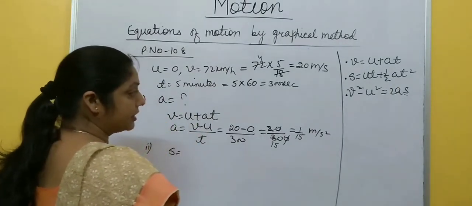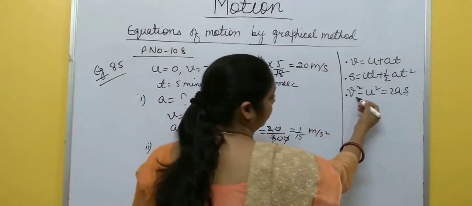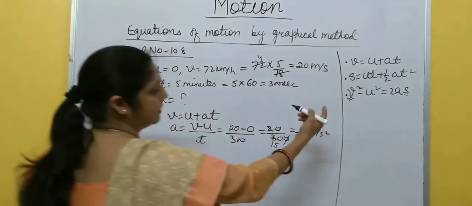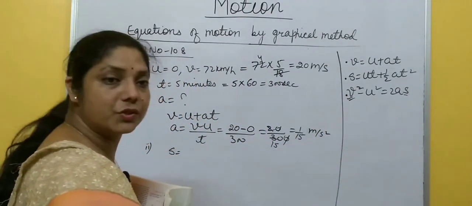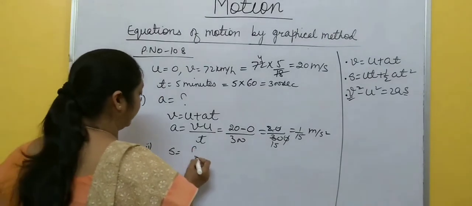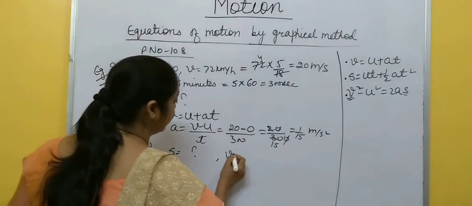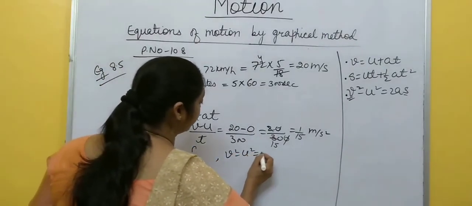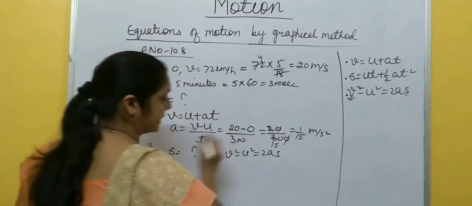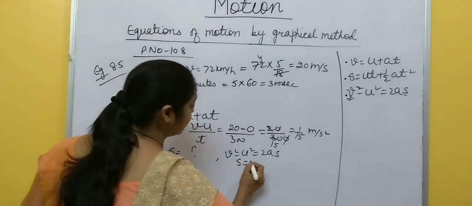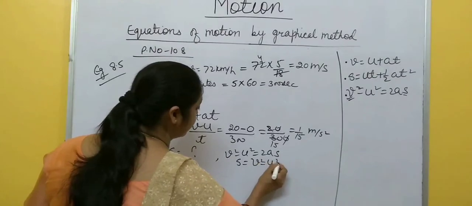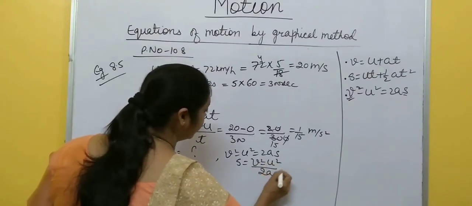So which formula is easy to use? Okay, I will use this one. It's very simple. V square minus U square equal to 2AS, right? And from here S becomes V square minus U square by 2A.